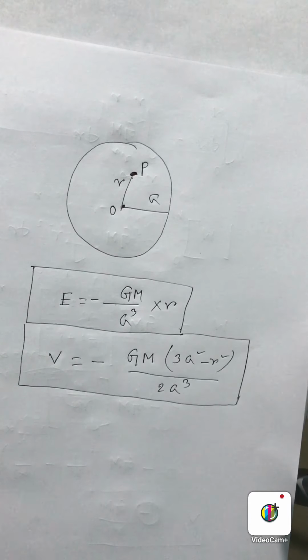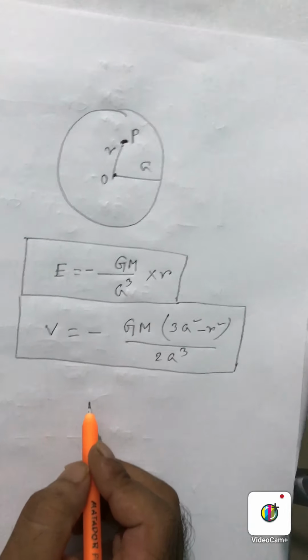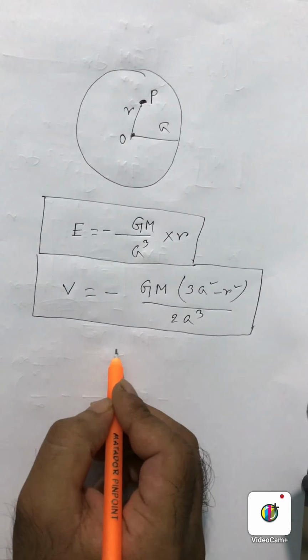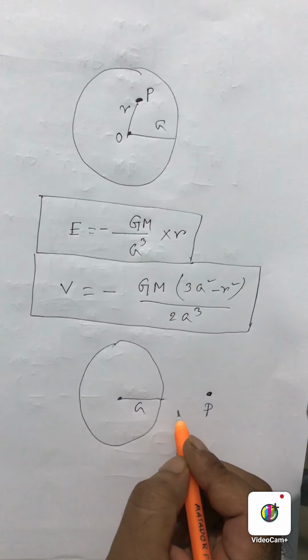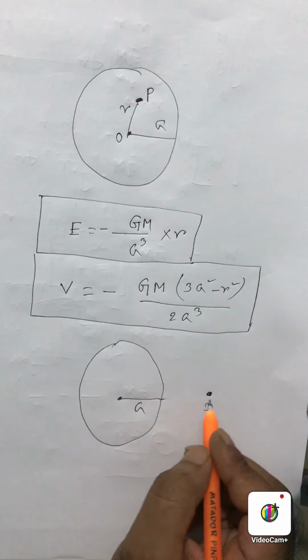Outside the solid sphere, this is the solid sphere of radius a. Outside the solid sphere at any point P, how do we calculate the gravitational field intensity and gravitational potential?